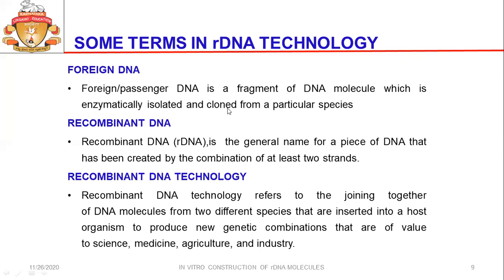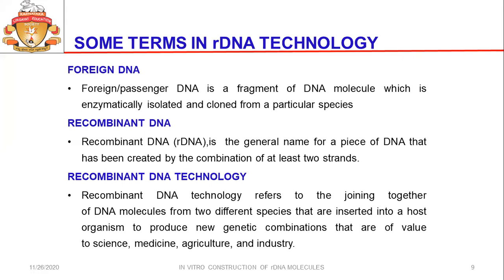Now coming to some of the basic terms in rDNA technology. The most commonly used term is foreign DNA. What is foreign DNA? Foreign DNA is also called passenger DNA. It is a fragment of DNA molecule which is enzymatically isolated and cloned from a particular species.